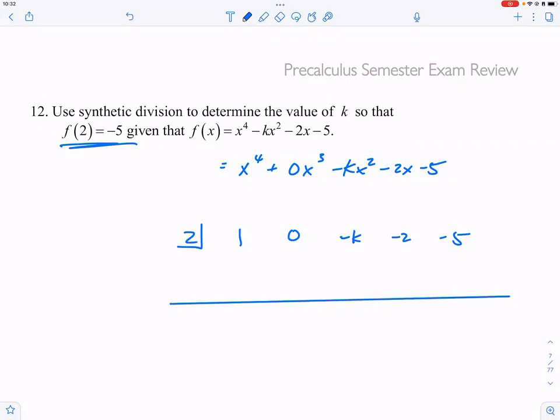One thing we know for sure is that at the very end, it should equal -5.